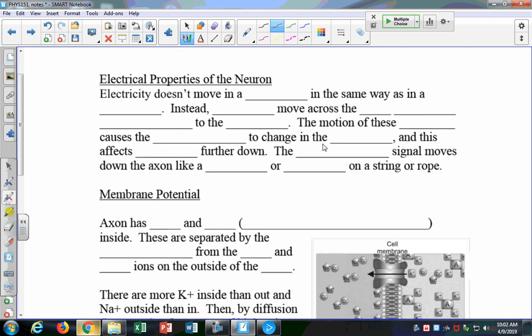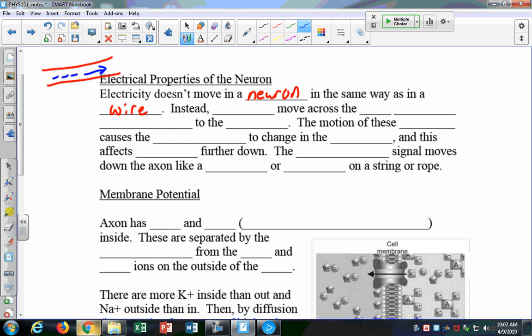So electricity doesn't move in a neuron, as I said, in the same way as, say, in a wire. Like if we have a wire, we think of these electrons moving along through that wire, just sort of in a train almost. It's not exactly how it works in a wire. It's really the energy that moves through the wire through these conduction electrons. But that's how we think of it, sort of like water flowing in a pipe.